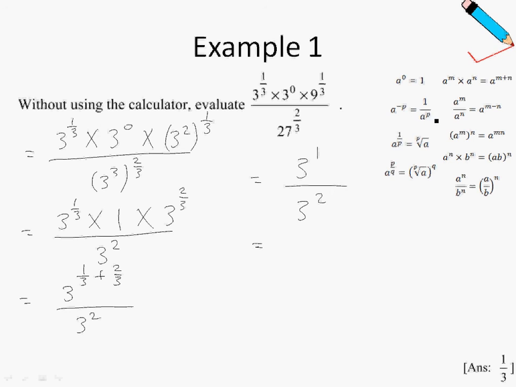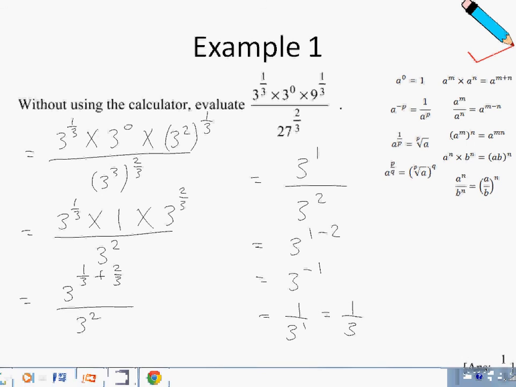Last but not least, I will apply this law: a to the power of m divided by a to the power of n is a to the power of m minus n. So 3 to the power of 1 minus 2 gives me 3 to the power of negative 1. Finally, applying this law, I get 1 over 3 to the power of 1, which is just 1/3. That's all for example number 1.